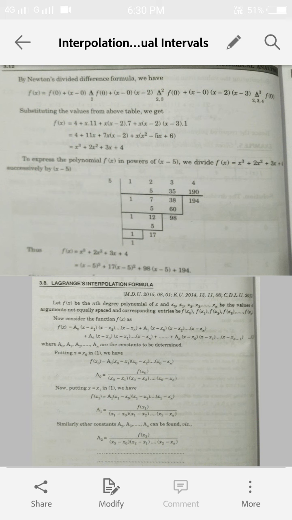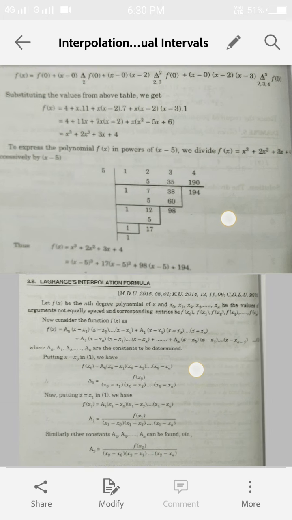So in powers of x minus 5, we can write this polynomial as (x minus 5) cube plus 17 into (x minus 5) square plus 98 into (x minus 5) plus 194. So we are left with a polynomial in powers of x minus 5.